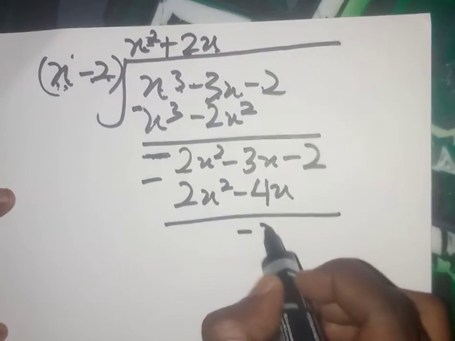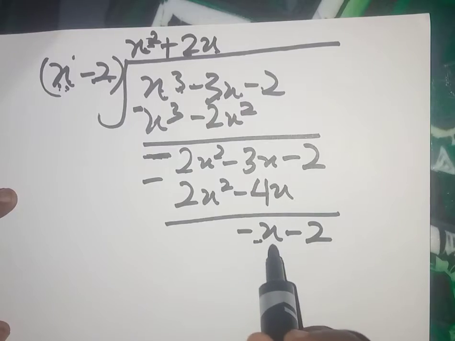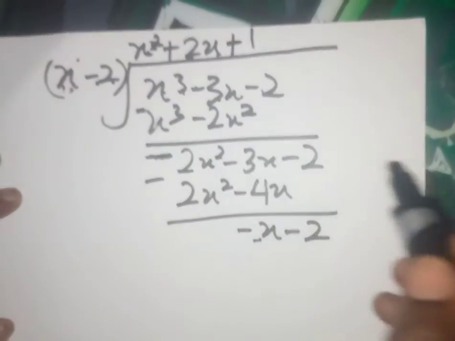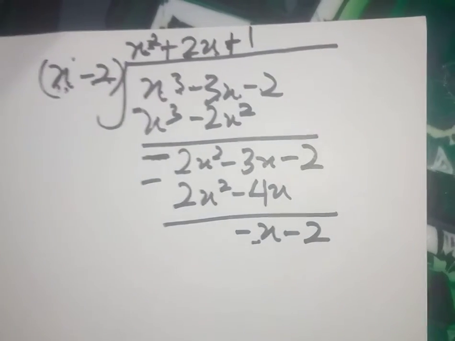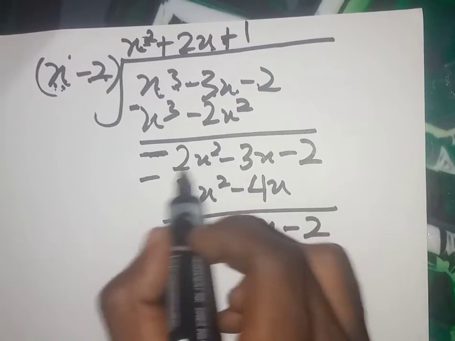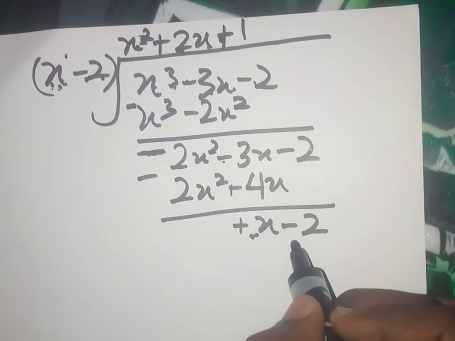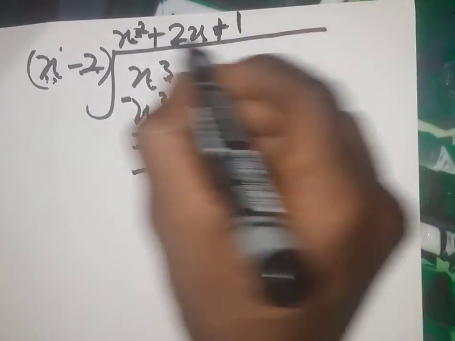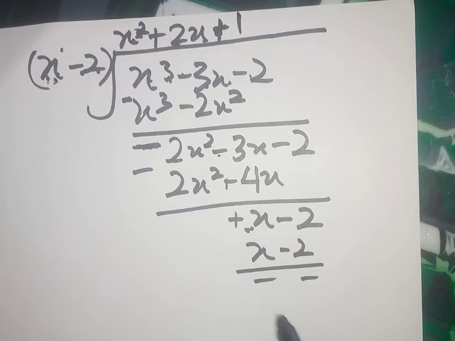Subtract again, we have negative s minus 2, and then what goes into that is just positive 1, so we are going to have positive, not negative. So we have s minus 2 because we have negative s plus 4, which is positive s, and then minus 2. So we have plus 1. 1 multiplies the whole of that, we have s minus 2, and this goes into that.